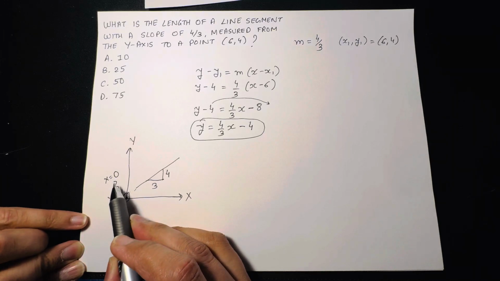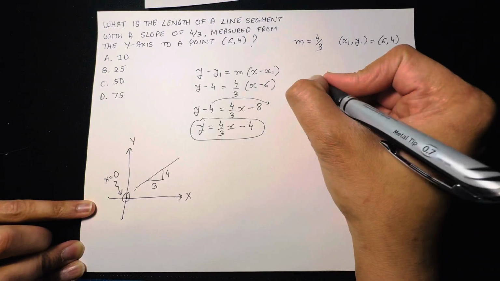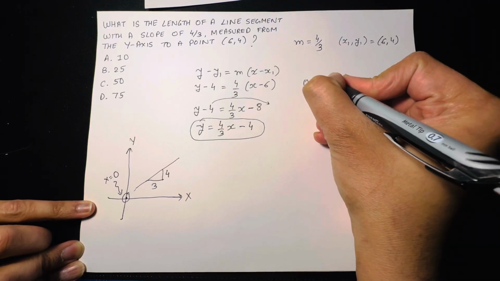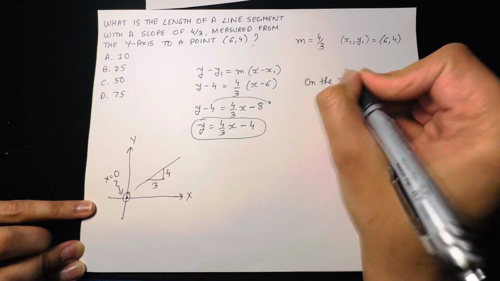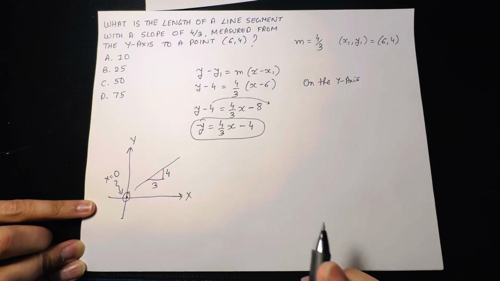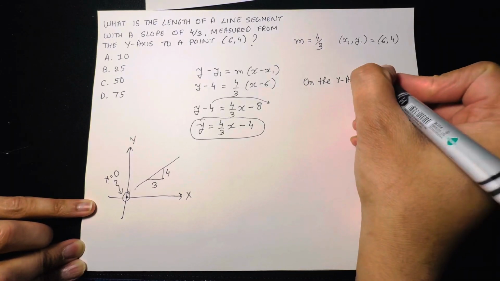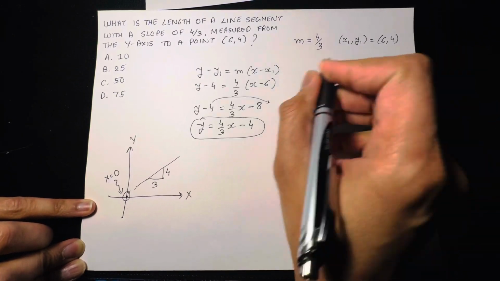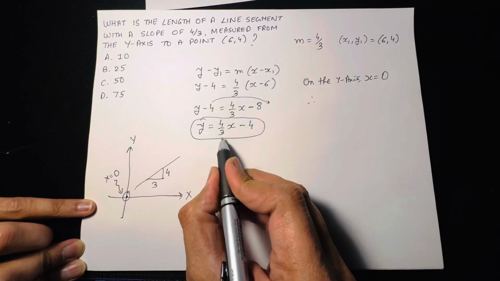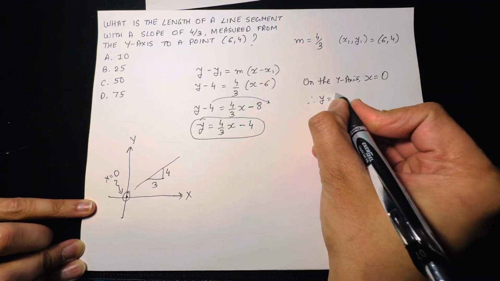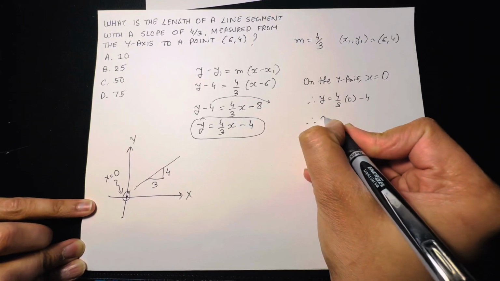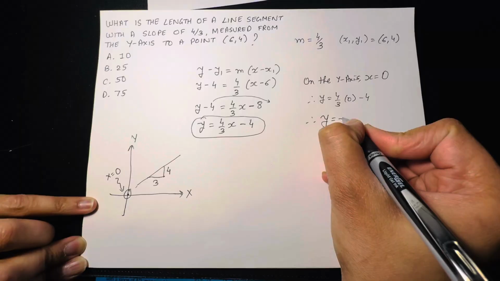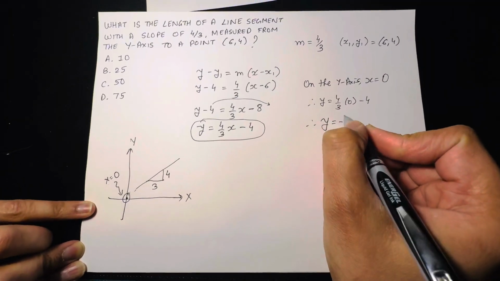So on the y-axis we have x is equal to 0. When we plug it in, y is equal to 4/3 times 0 minus 4, so we get the value of y is equal to negative 4.